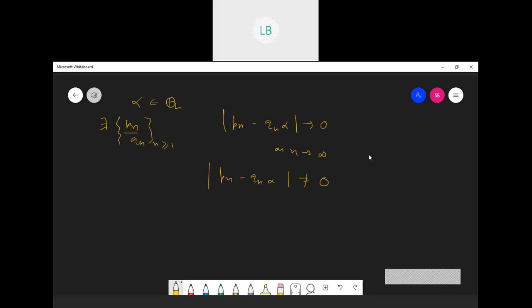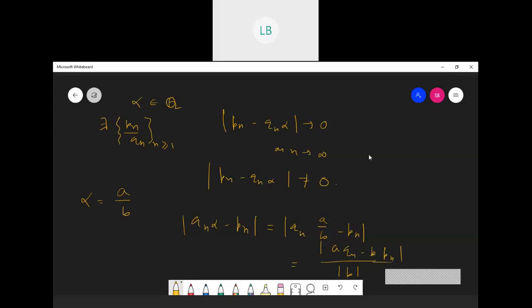Okay. So alpha is rational. If alpha is rational, alpha equals some a by b. So q_n alpha minus p_n is equal to q_n times a by b minus p_n. Correct? And that is equal to (a q_n minus b p_n) by b. Right?